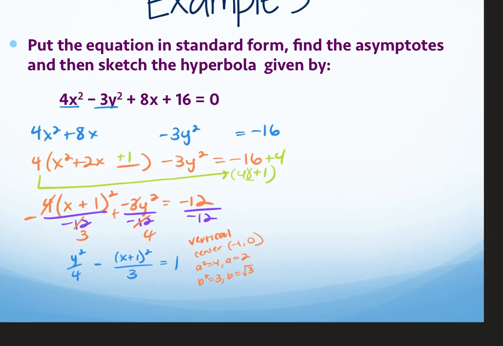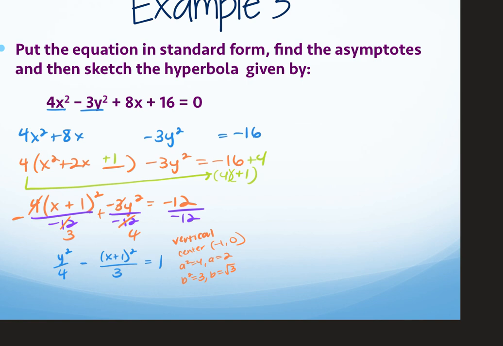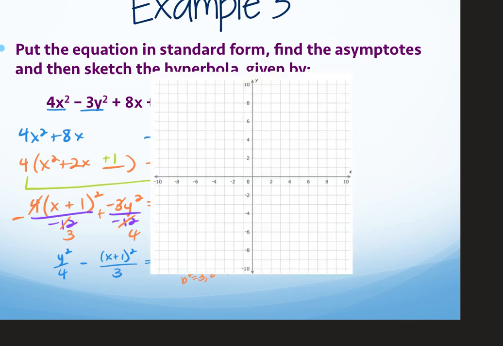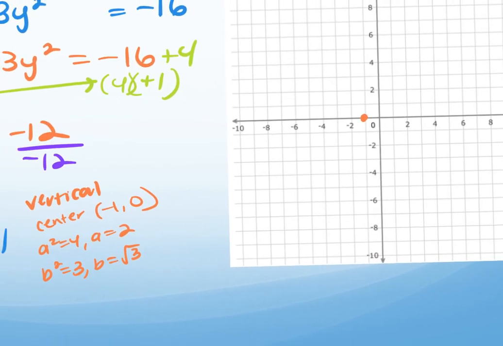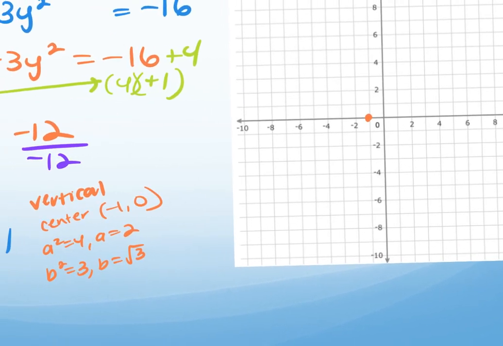So it says sketch the hyperbola, which means I'm going to pull in the graph. And I'm going to start with what I've already got. I've got my center at negative 1, 0. It's vertical, so I'm counting up and down the A. Up 2 and down 2 gives me vertices at negative 1, 2 and negative 1, negative 2.